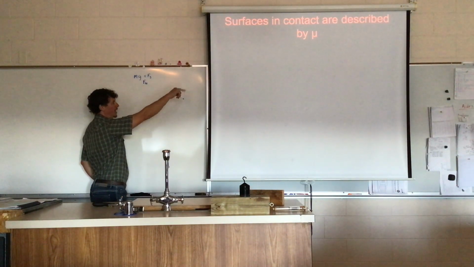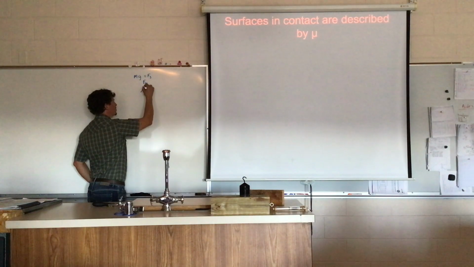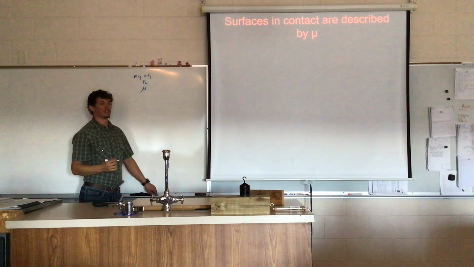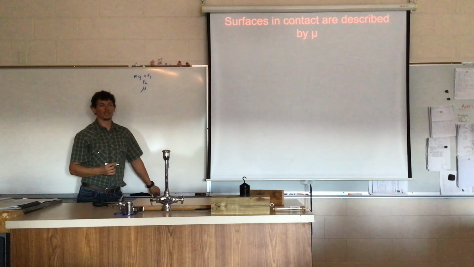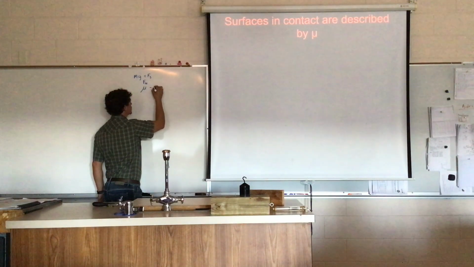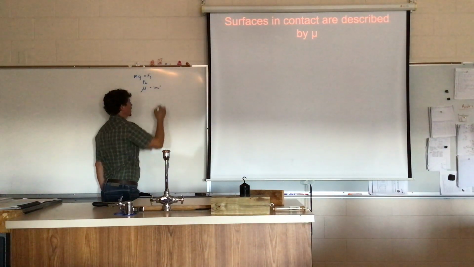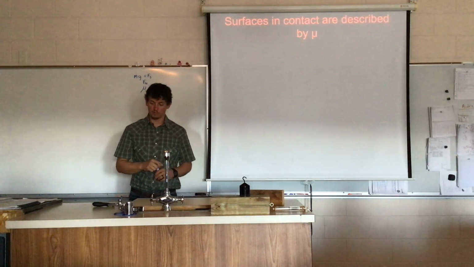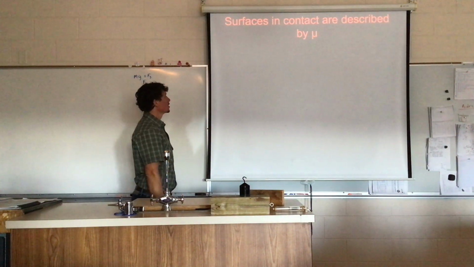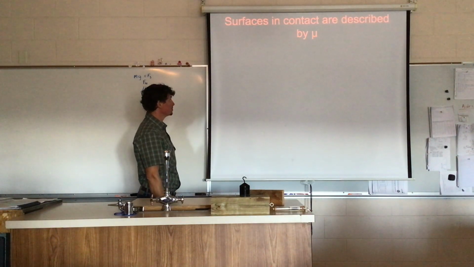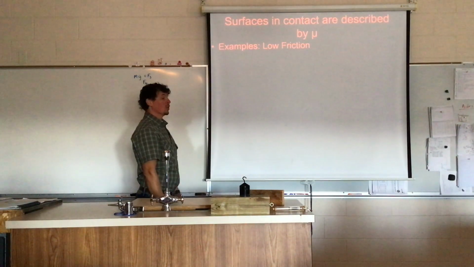It is typed up there for you. Practice writing it. It's kind of a cursive lowercase u. It is the Greek letter mu. Like so, mu. That's the symbol we use for coefficient of friction. It's a Greek lowercase letter. You'll get good at writing it.